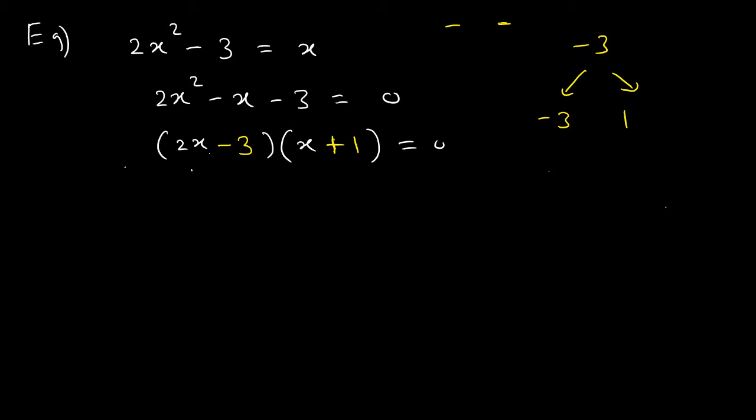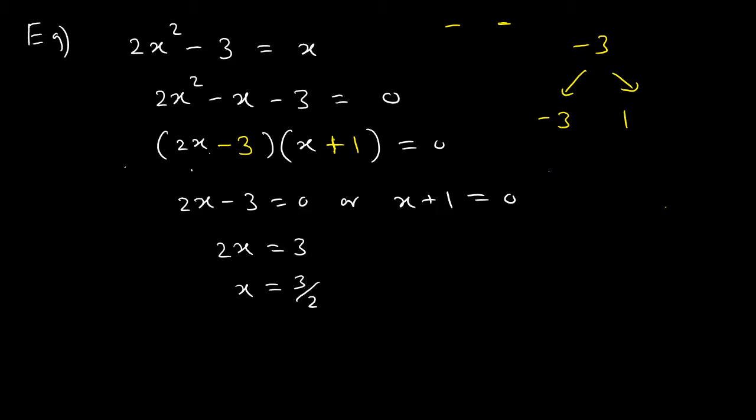So since we have the factoring, now we know what to do. We're going to set each factor equal to 0. So we have 2x minus 3 equal to 0, or x plus 1 equal to 0. To solve this one, we can add 3 to both sides. So we have 2x equals 3, and then you divide by 2, so x equals 3 halves.